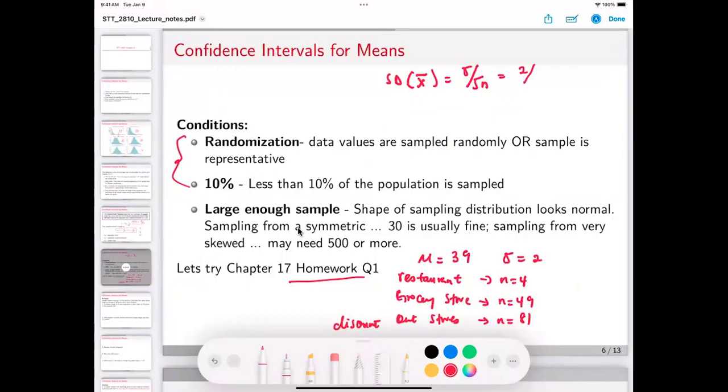It is 2 divided by the square root of 4, because we are interested in restaurants, and for restaurants the n is 4. Does that make sense? So what would you get? That's going to be 2 divided by 2, isn't it? So that's going to be 1.